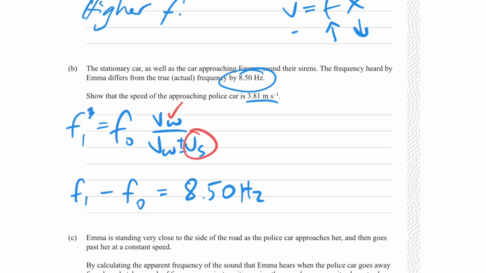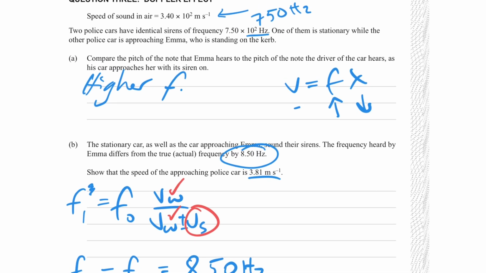So we know this, we don't know F1 and F0. But we do know the difference between F1 and F0, so we can then substitute one of those in. What else do we know? Cruise down a little bit here.